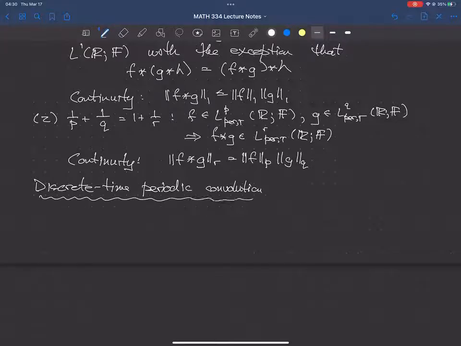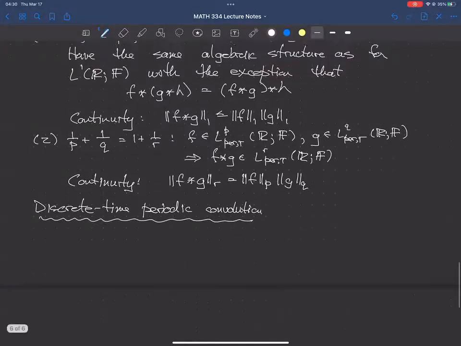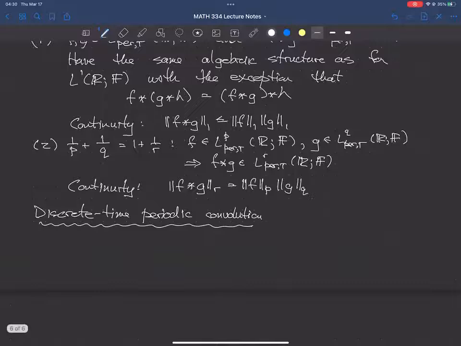The reason, of course, that it's dull is that everything's finite dimensional in this case, as I observed for discrete time periodic signals above: the space of all those things is finite dimensional, and so every pair f, g is convolvable.